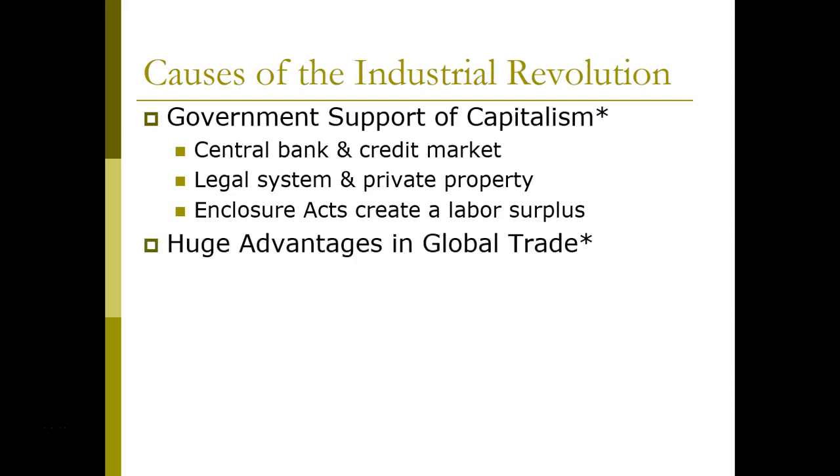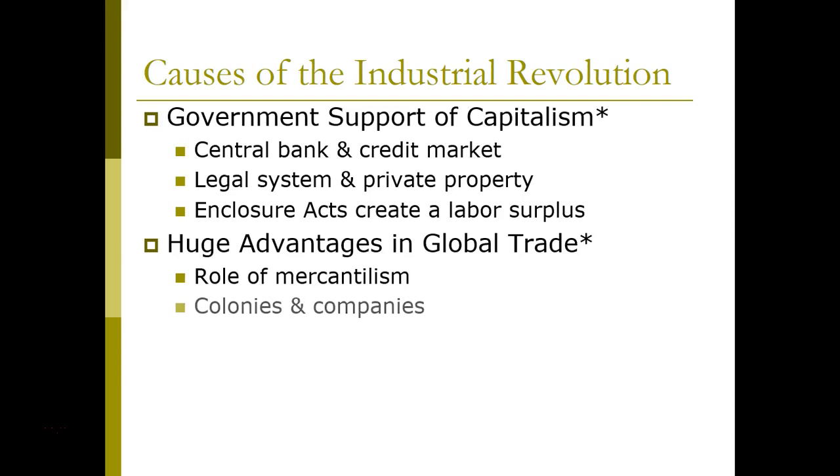Now, a second cause is Britain's huge advantages in global trade. You might remember that in the late agrarian, early modern period, England, which was England at the time, was actually benefiting from the mercantilist system that all the Europeans were using because they were focused more on their own manufactured goods. That's going to provide a sort of prerequisite for industrial growth.